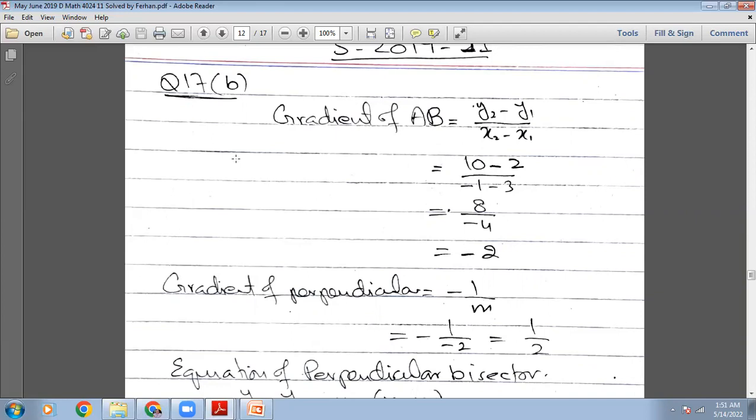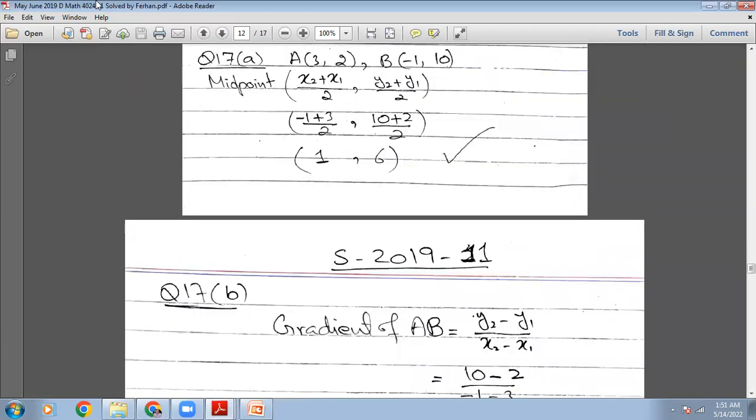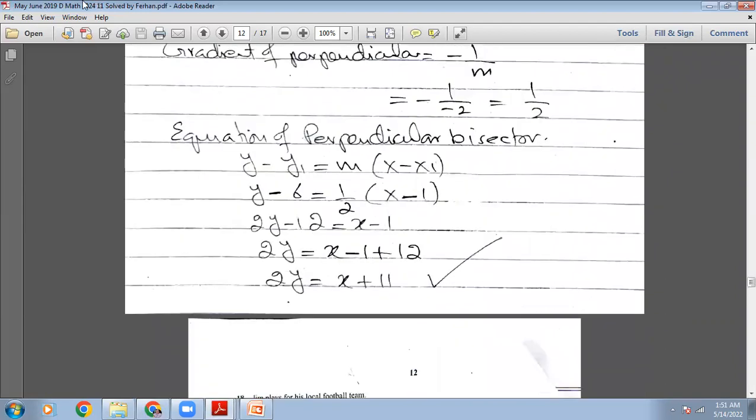We want to find the equation of the perpendicular bisector. Because the perpendicular bisector passes through the midpoint, I will use the coordinates of the midpoint, which you know are (1, 6). And the gradient of the perpendicular is 1 by 2. So the equation of the perpendicular bisector will be y minus y1 equals m bracket x minus x1. (x1, y1) will be the midpoint, and m is the gradient of the perpendicular.